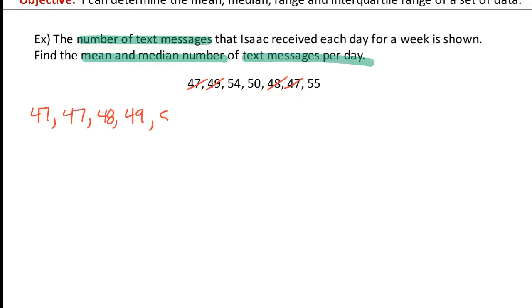Then we have 50. Then we have 54 and 55. So double check, you have 1, 2, 3, 4, 5, 6, 7. And we did have 1, 2, 3, 4, 5, 6, 7. I recommend to just double count because sometimes you might miss one accidentally. But we do have all 7 values.